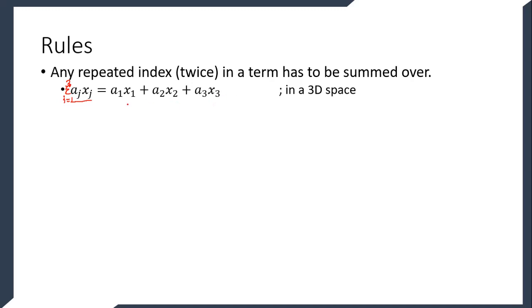That is, when you come across a term aj xj, you have to keep in mind that it denotes a sum of terms a1 x1 plus a2 x2 plus a3 x3.